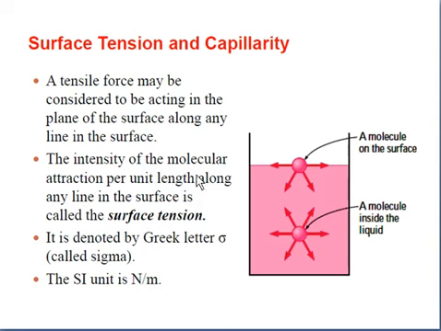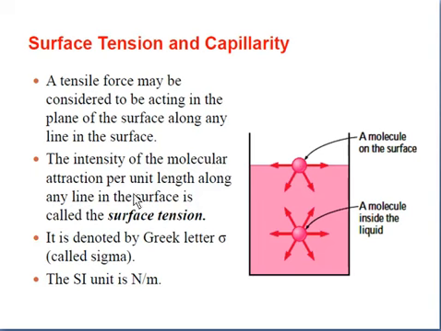What is the meaning of this molecular attraction? Molecular attraction is nothing but this cohesive force. This cohesive force is nothing but the molecular attraction between this considered molecule, that is molecule number 2, with its other water molecules. This is called as molecular attraction.